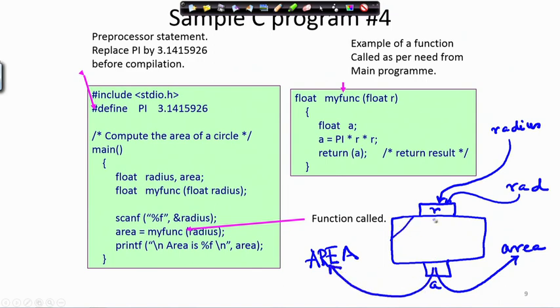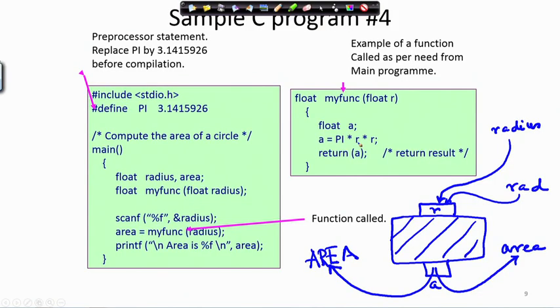Now, this function is only concerned with R and A, and the job of connecting them is up to the function that is using it. So, here what happened: I called my function from main, and it computed A. How? Here I wrote pi R R. How do I know pi?